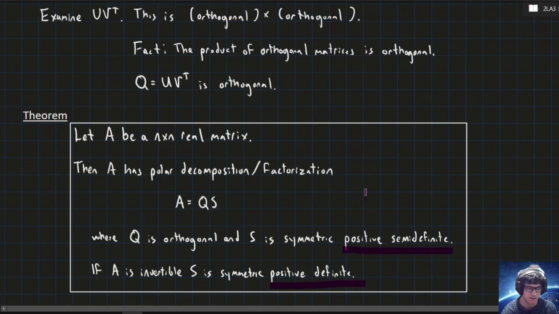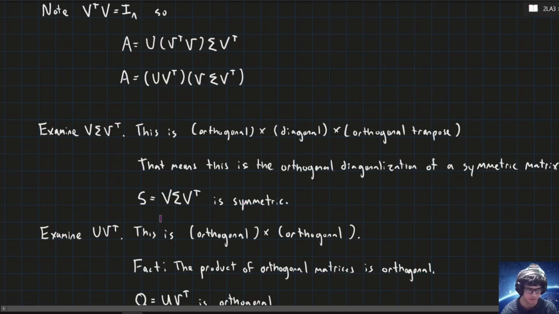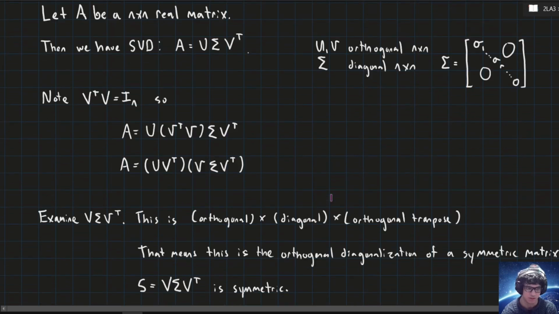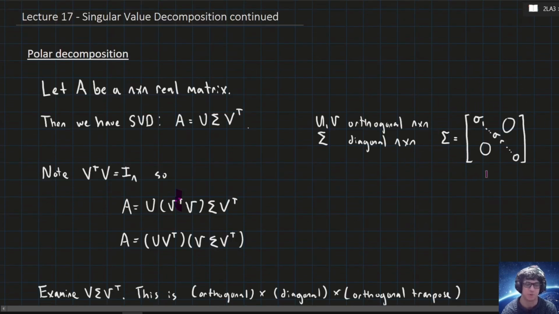Why is that? Well, this is what S was, and this is its orthogonal diagonalization. So that means its eigenvalues are on the diagonal of the sigma here. And the sigma has this form.